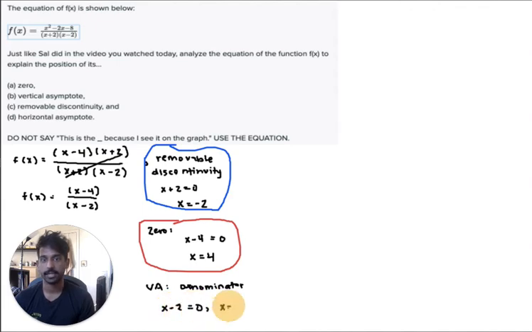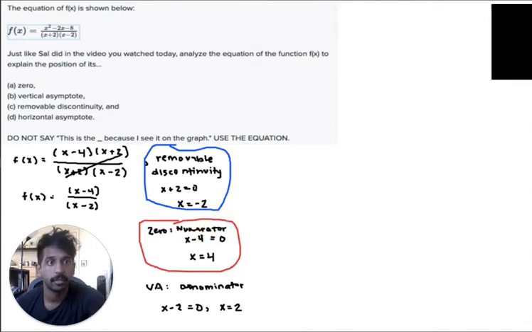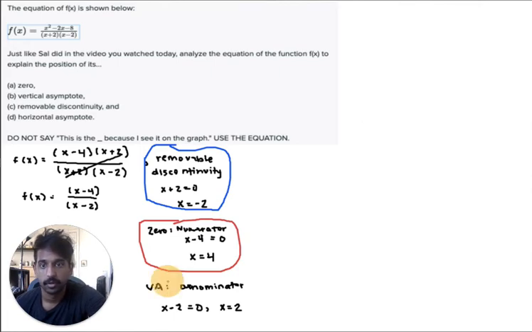When x equals 2. Also here I should note, for the 0, we're looking at the numerator. Okay, let's get a third color here. All right, so we found the vertical asymptote, we found the removable discontinuity, and we found the 0. But there's one more thing we need to find.